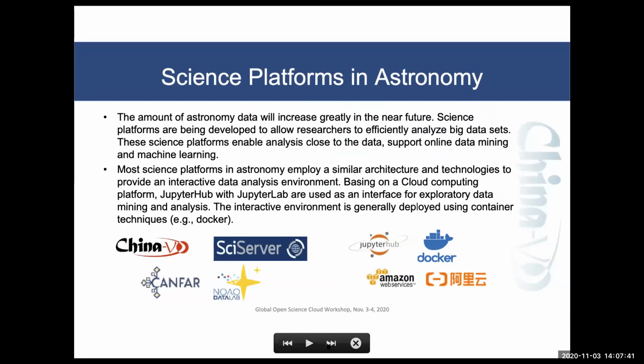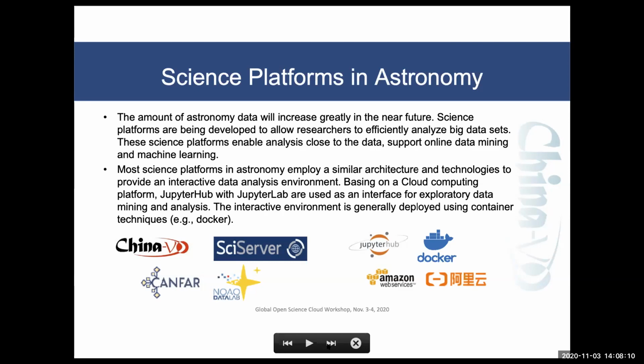As we know, the data amount and the complexity in astronomy will increase steadily in the near future. And science platforms are being developed to allow researchers to efficiently analyze big data. These science platforms will enable analysis close to the data and support online data mining and machine learning.